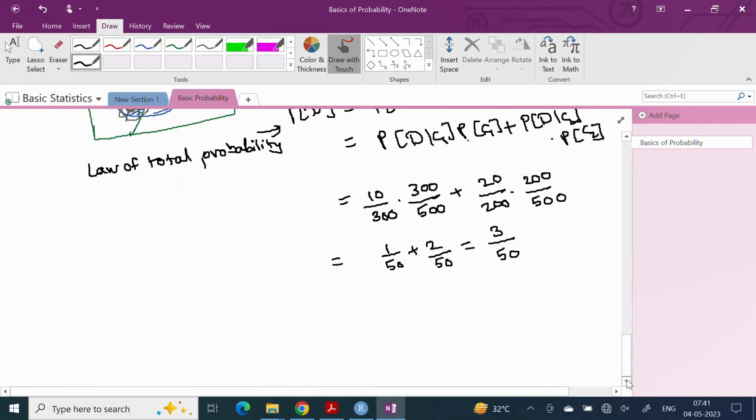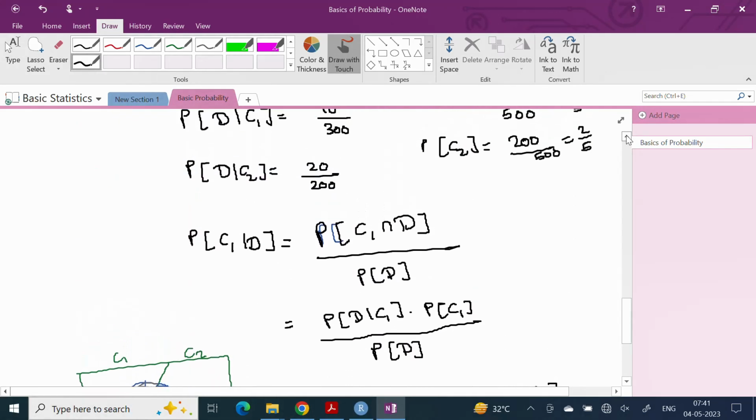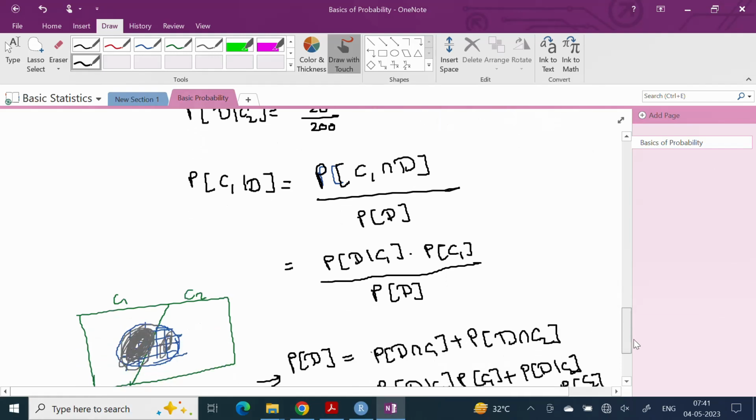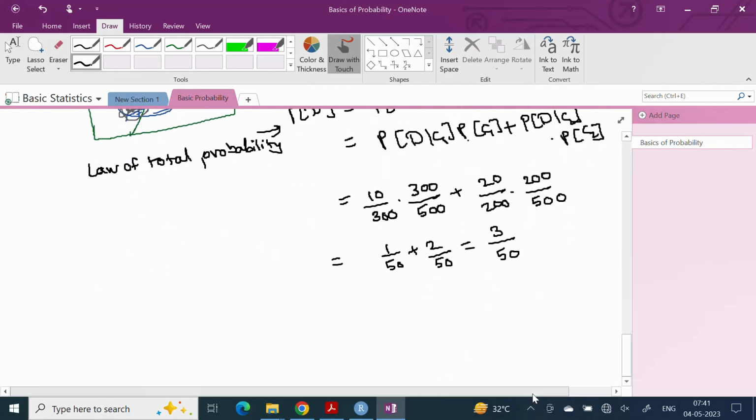So I have 3 by 50 and now I can go back to the calculations that we were doing. Yes, so this C1 given D we wanted to compute. It is D given C1 into probability of C1 divided by D. So let me write it again. Probability of C1 given D will be this first part, D given C1 into C1.